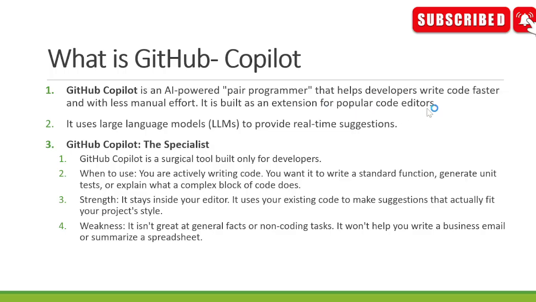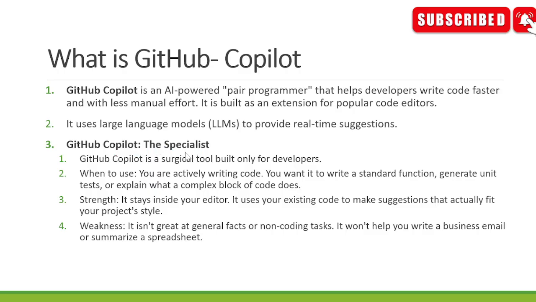So we can find it in Visual Studio Code, Visual Studio, and many more code editors as an extension. It uses large language models (LLMs) to provide real-time suggestions. So actually it is a peer programmer which works with us at the time of programming or debugging or understanding complex logic, and on behalf of us it writes the code for us also. That we will see during the demo of this session.